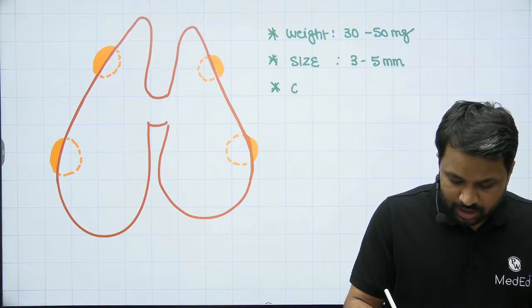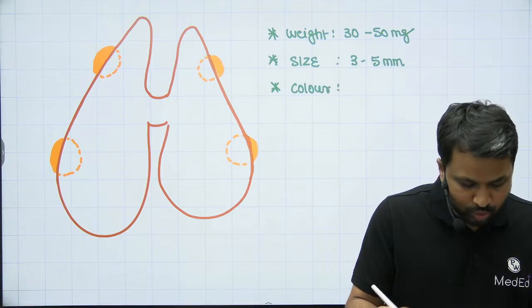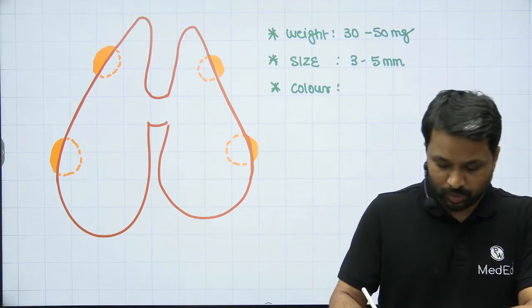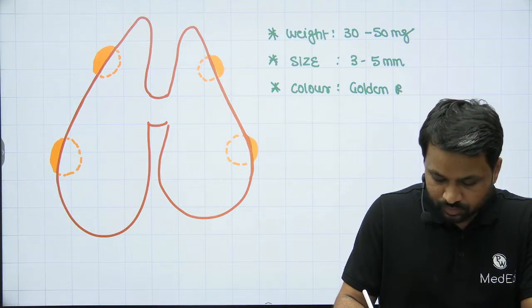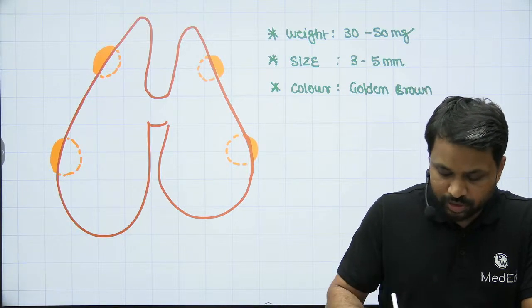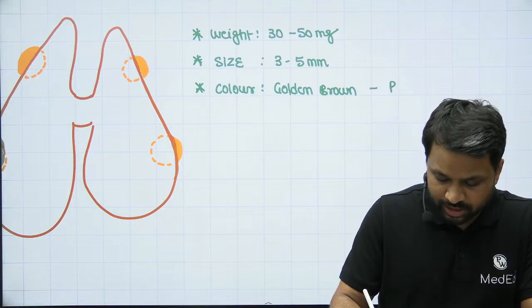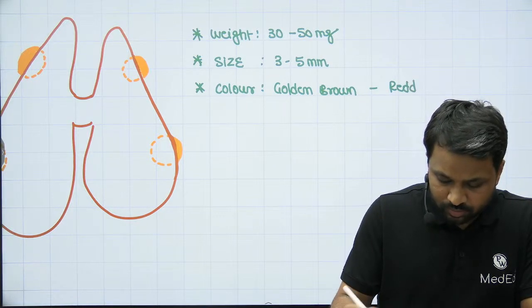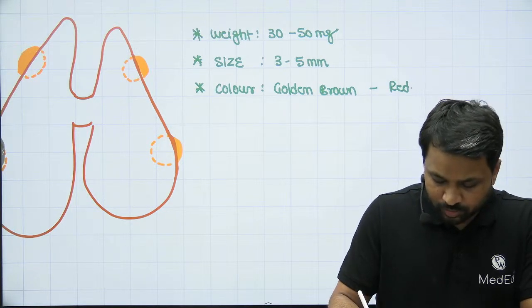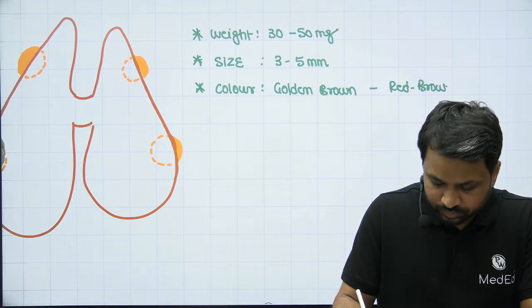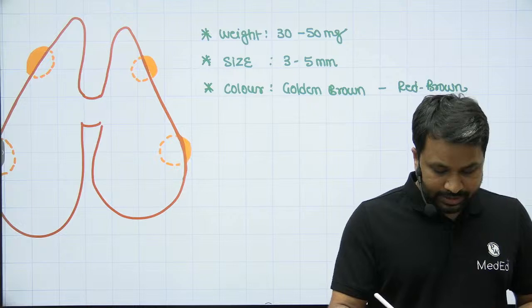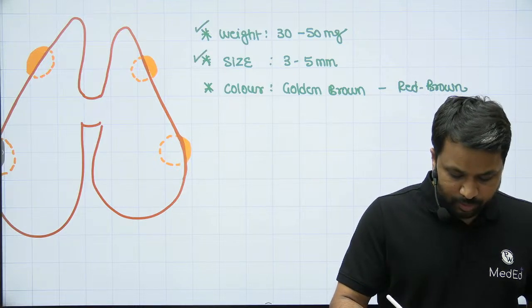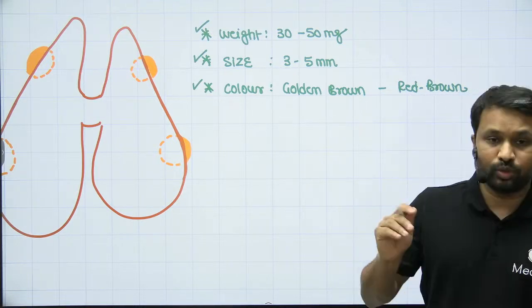When you look at the color of this parathyroid gland, they're usually golden to reddish brown. Either they're golden brown, or they're red brown, or we call it reddish brown. So these are the properties of the parathyroid gland that you need to be aware of.